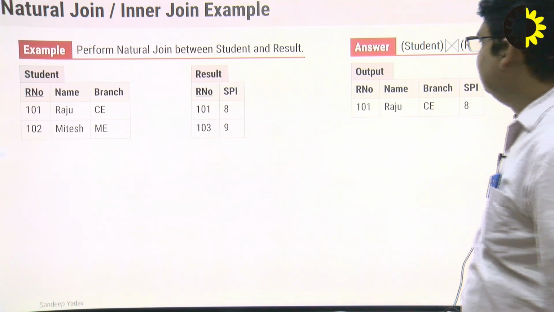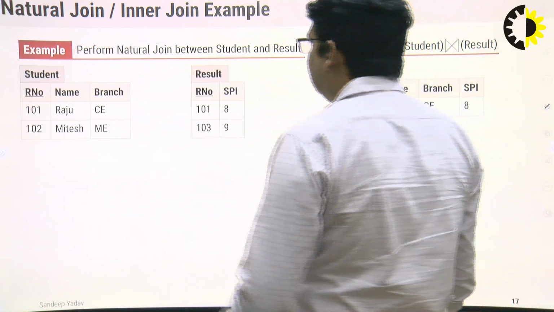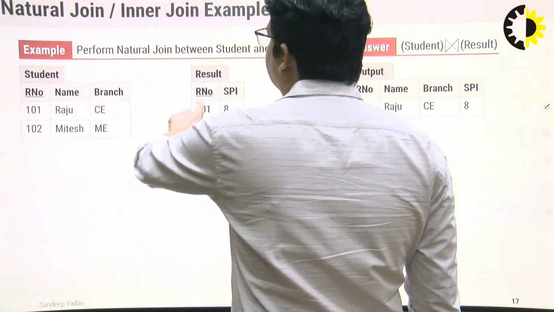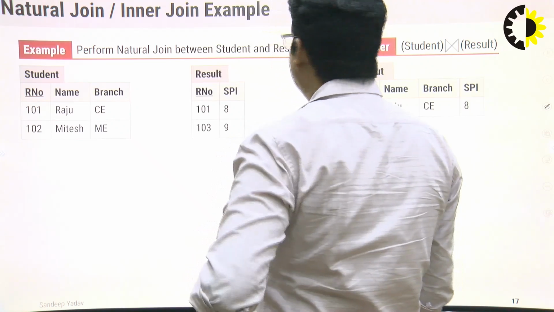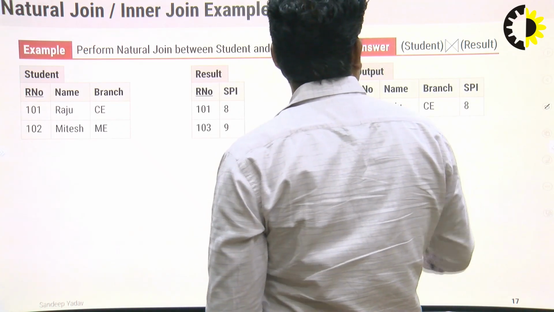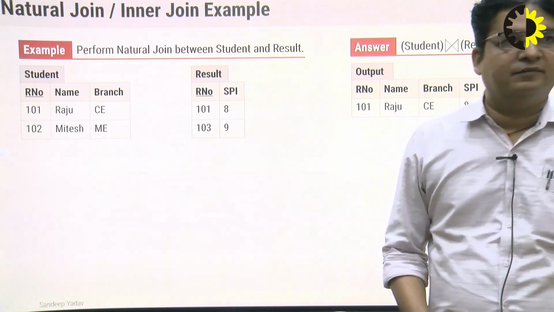Now one very important thing is that one attribute must be common in both the relations, that is roll number. The output will be roll number, name, branch and SPI.